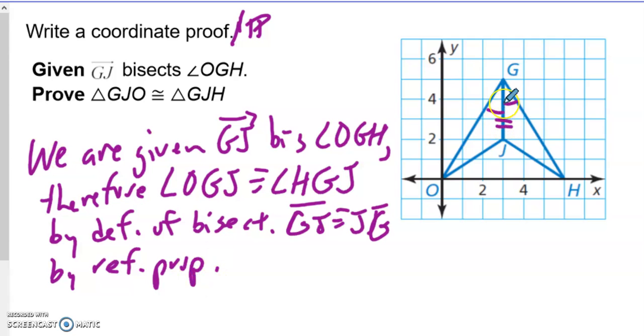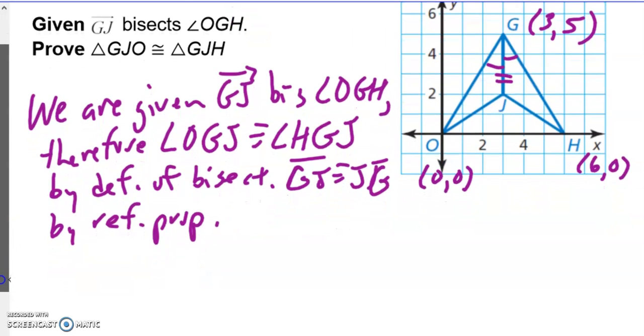So now we have a side and an angle. Let's take a look at what we can do on this GO and GH in terms of our coordinates. Well, we know H is going to be the ordered pair 6, 0. O is the origin. And then G is 3, 5. Let's see if we can get GH to be congruent to GO.